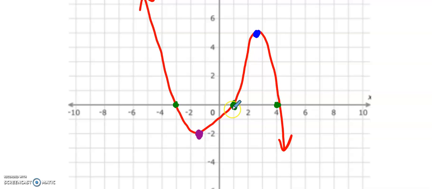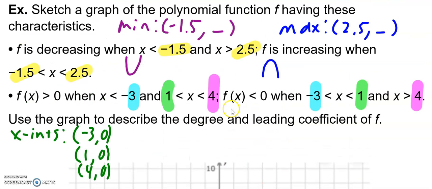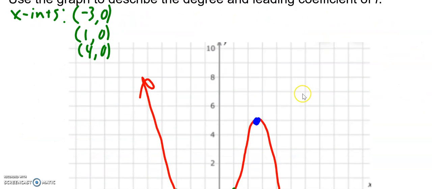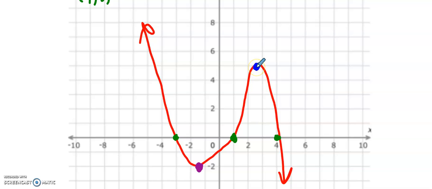So this was negative. Then it was greater than 0 between 1 and 4. So this has to be just somewhere positive. So I just picked 5. 2.5, 5. Maybe it's right, maybe it's not. Doesn't matter. And I shouldn't use the word right or wrong. It is right. I'm satisfying the requirements. There are many correct answers.